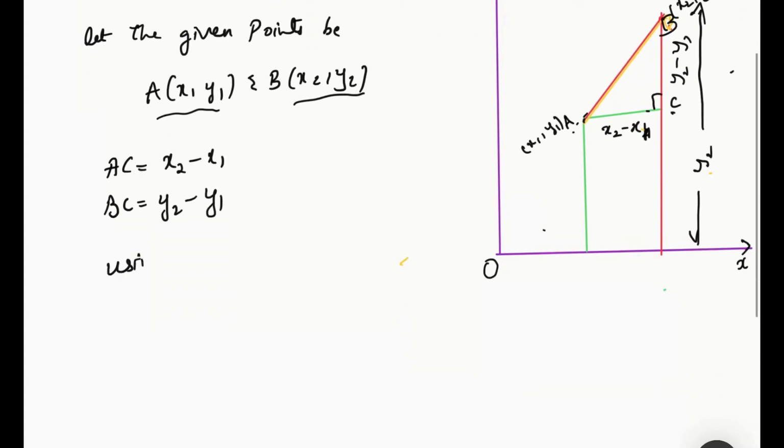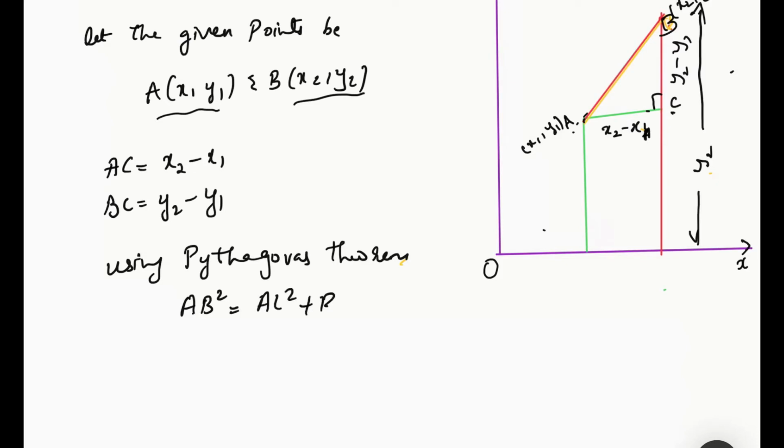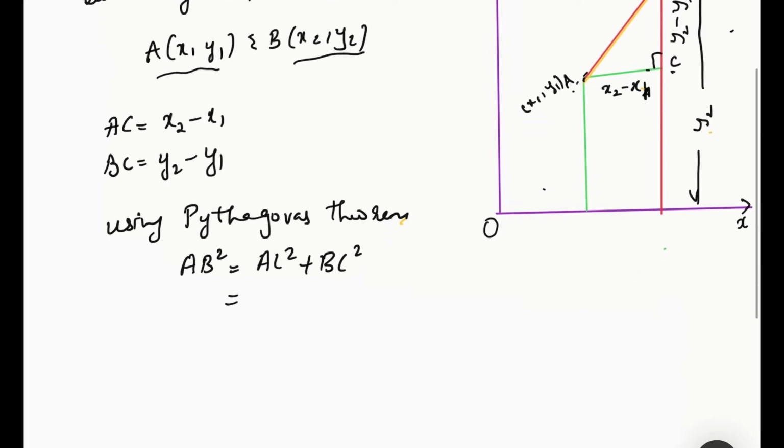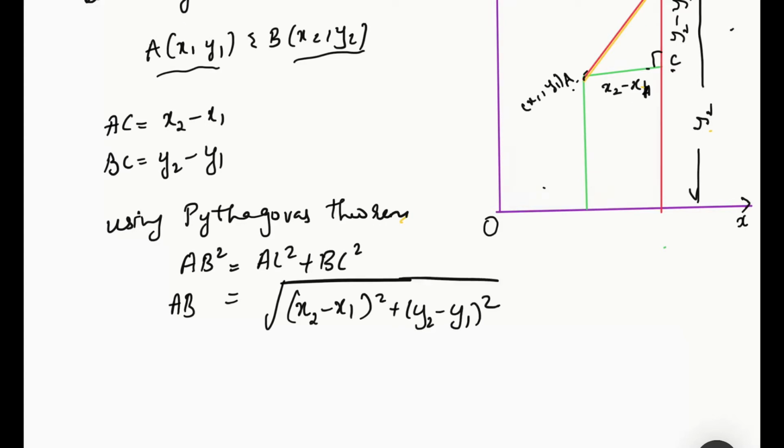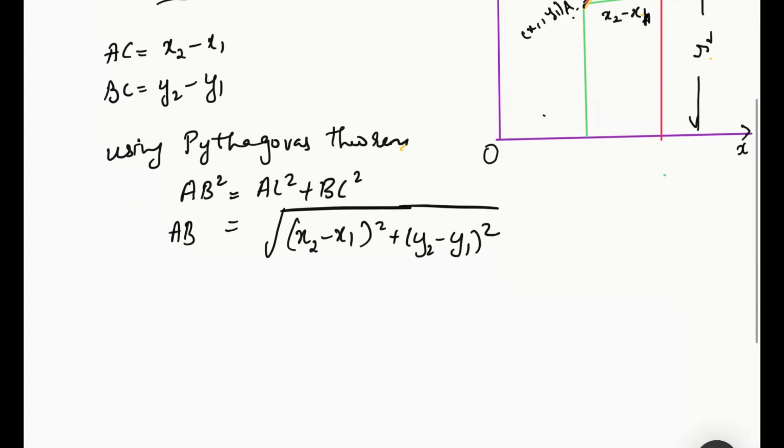So, using Pythagoras theorem, AB square equal to AC square plus BC square, correct? So, what is AB? AB is equal to root of, AC is x2 minus x1 the whole square plus y2 minus y1 the whole square. So that is the distance.